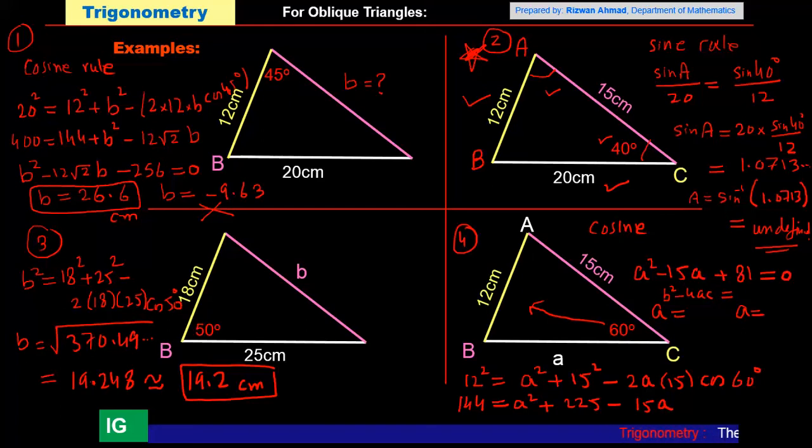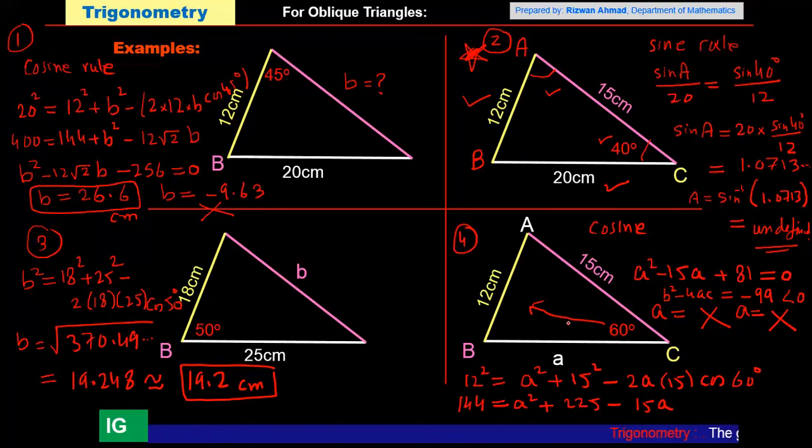So we will get this equal to minus 99. So it's a negative number. Whenever b square minus 4ac is negative, we will not get any real possible value of a. That's why this situation is also not possible in case of triangles.